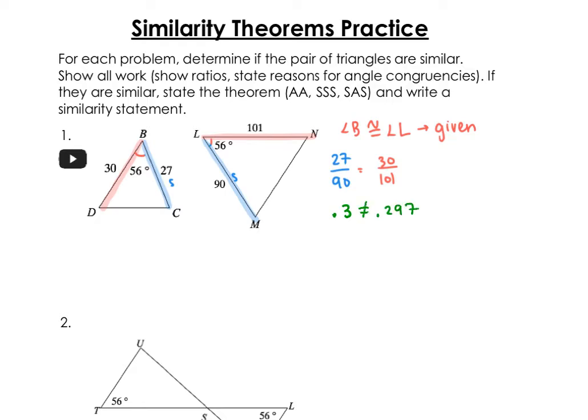So since these are not equal, the sides aren't proportional. So even though we have a congruent angle here, because the sides are not proportional, we would say that these triangles are not similar. And really, our reason is because the sides are not proportional.